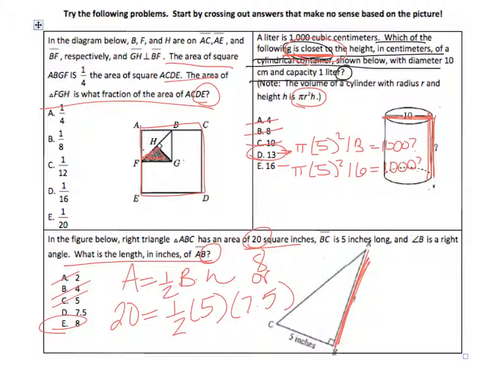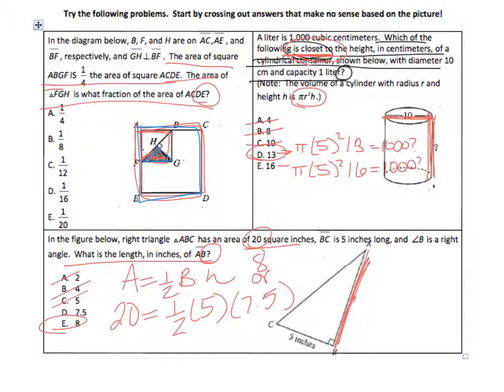It says the area of the square ABGF is 1/4 the area of the square ACDE. So this sentence before is comparing the area of the square, this one, to the area of the whole thing, and that's 1/4. Now what we're going to do is compare the area of the triangle, which is smaller than that first square, to the same larger square.